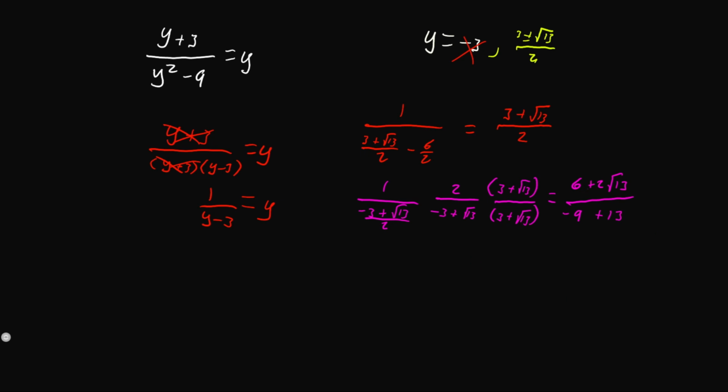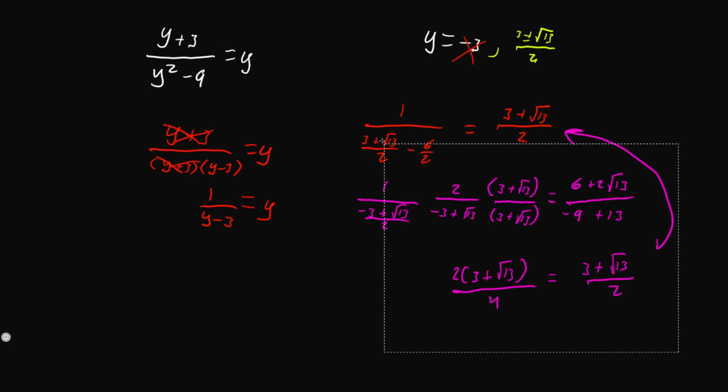We're going to get 6 plus 2 root 13 over negative 9 plus 13, which we can factor a 2 from the top, so we have 2 times 3 plus root 13 over 13 minus 9, which is 4, which is going to give us 3 plus root 13 over 2, which is indeed equal to our expression that we have above.